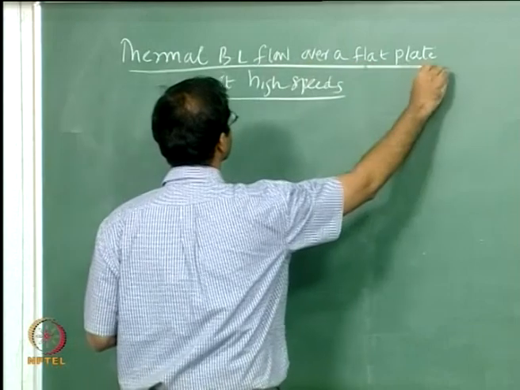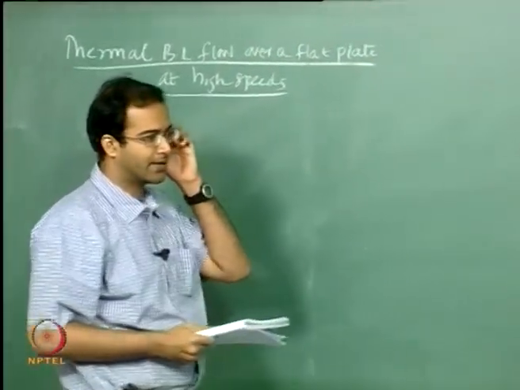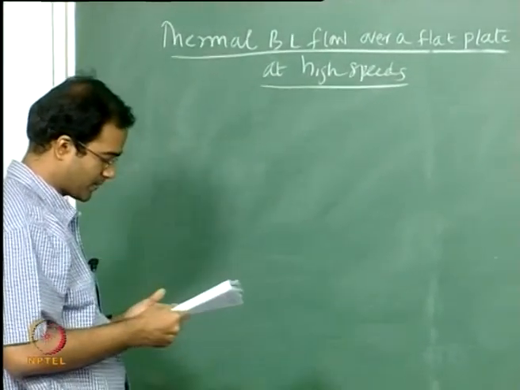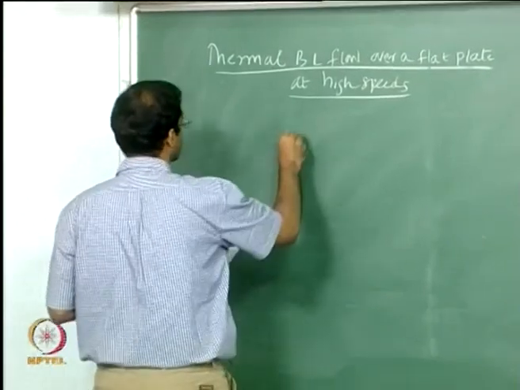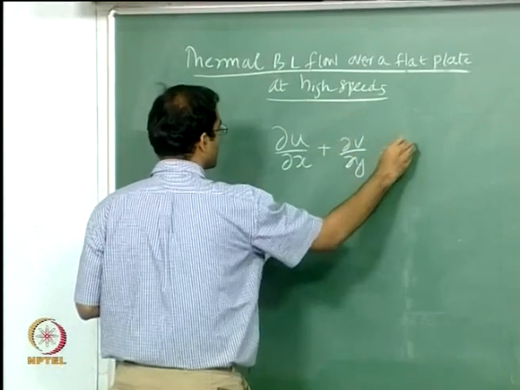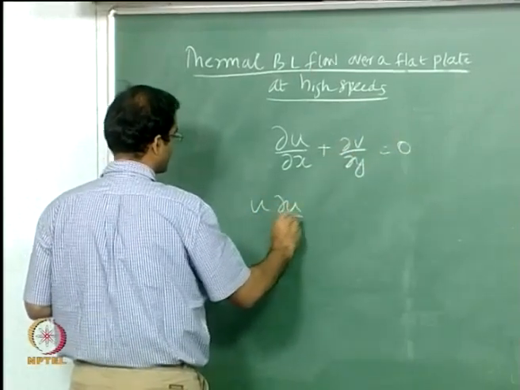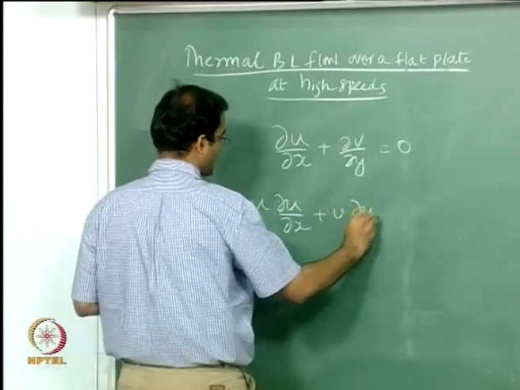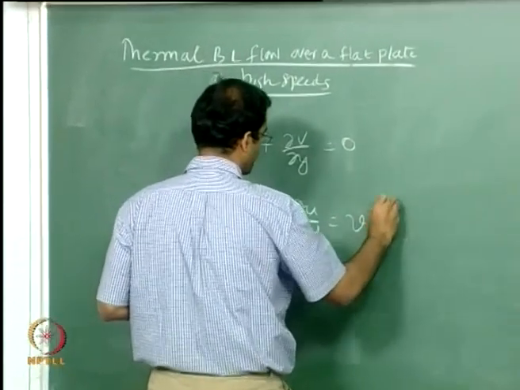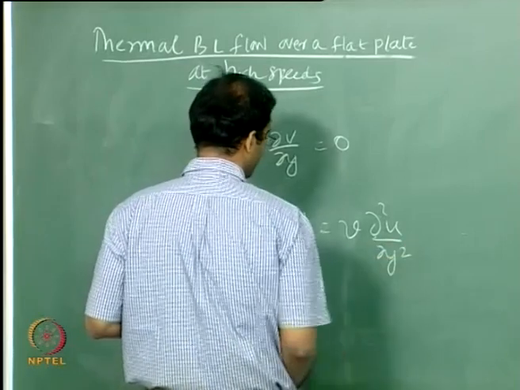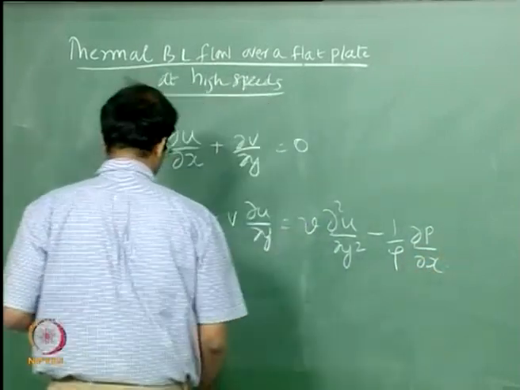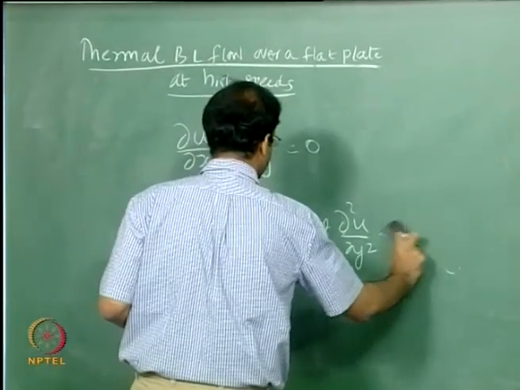When I say high speed here, I am just indicating that the ratio of Eckert number by Reynolds number is very important, and therefore the viscous dissipation has to be considered. So to write down the boundary layer equations, in the case of a flat plate anyway I am not going to consider the pressure gradient.